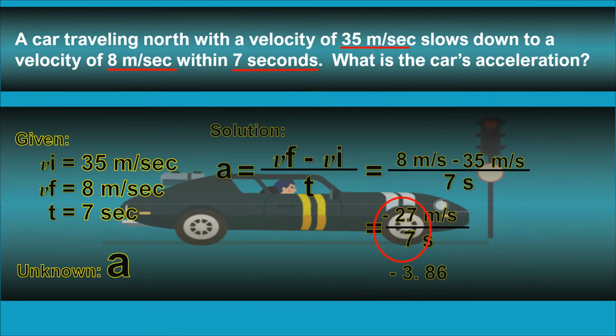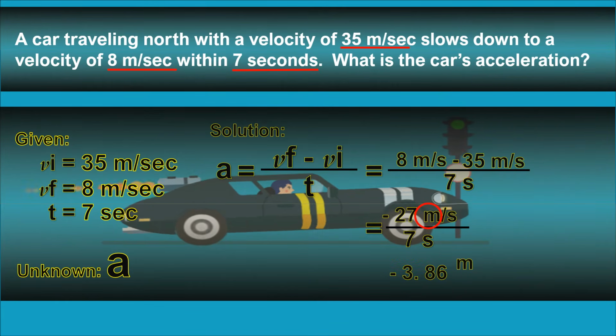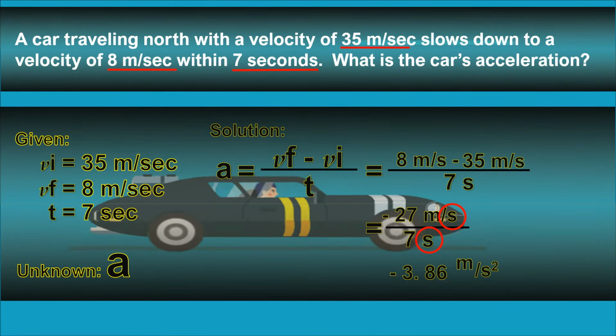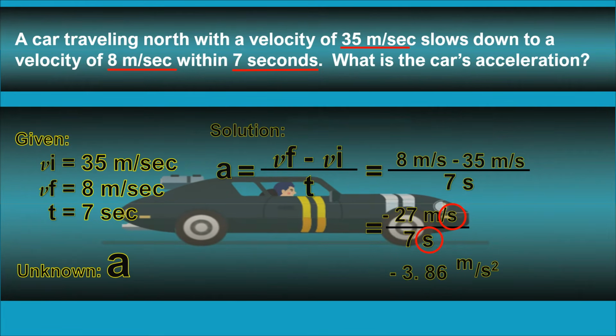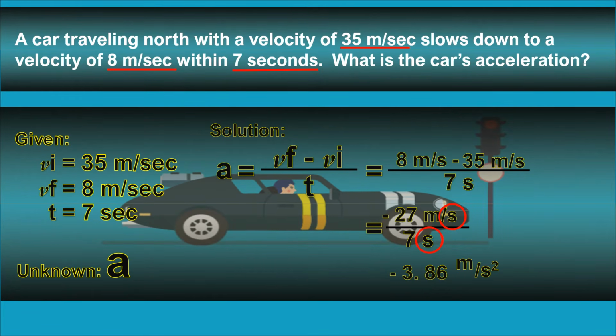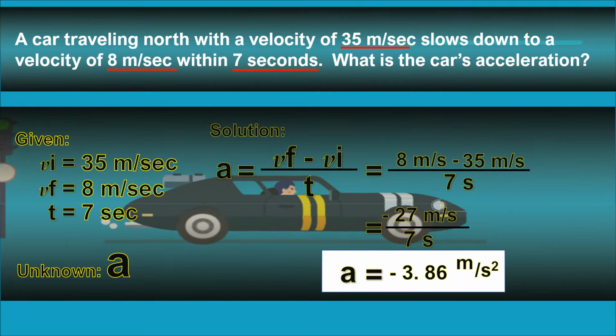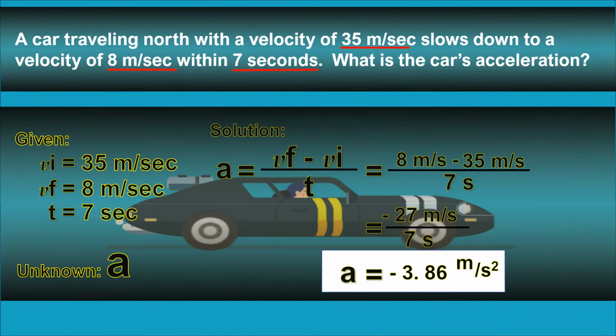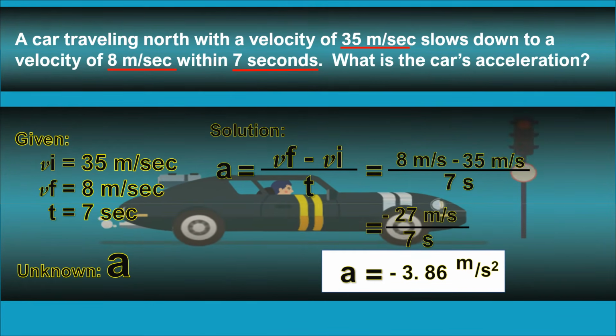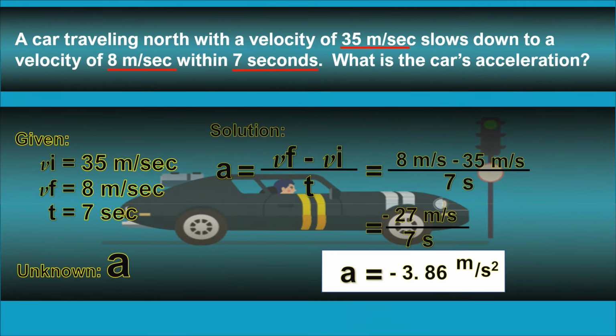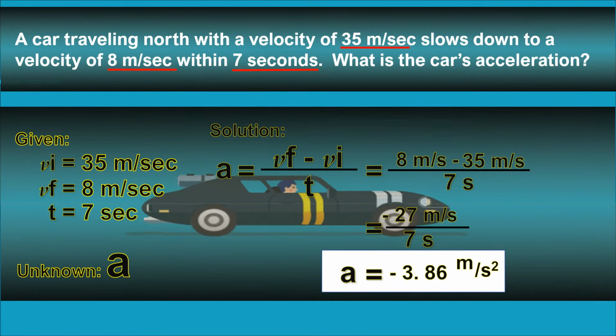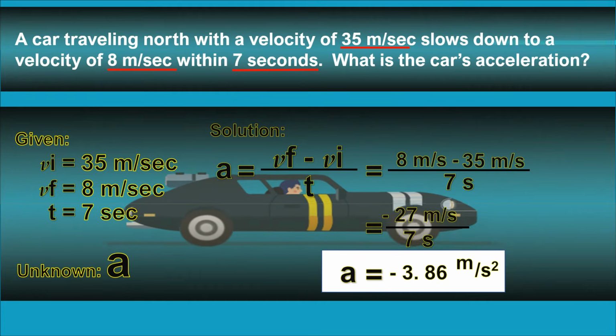Now, copy the m here, then add the 2 seconds here, making your final answer as negative 3.86 meters per second squared. The acceleration of the car is negative 3.86 meters per second squared.